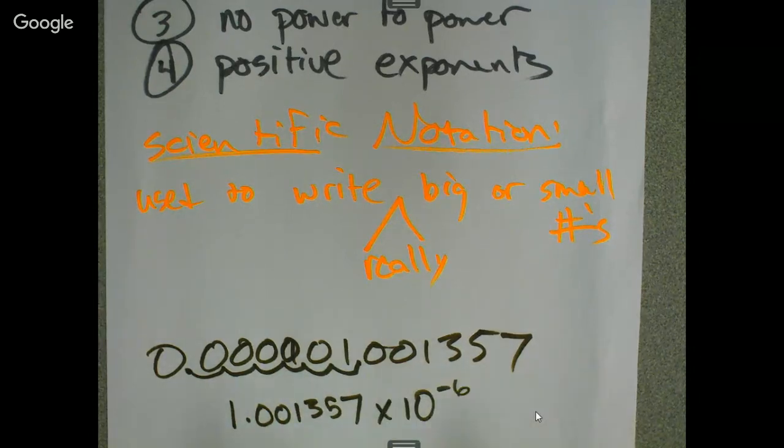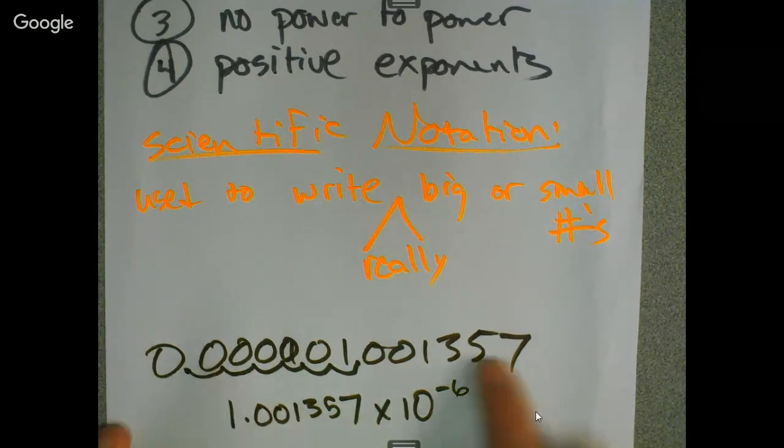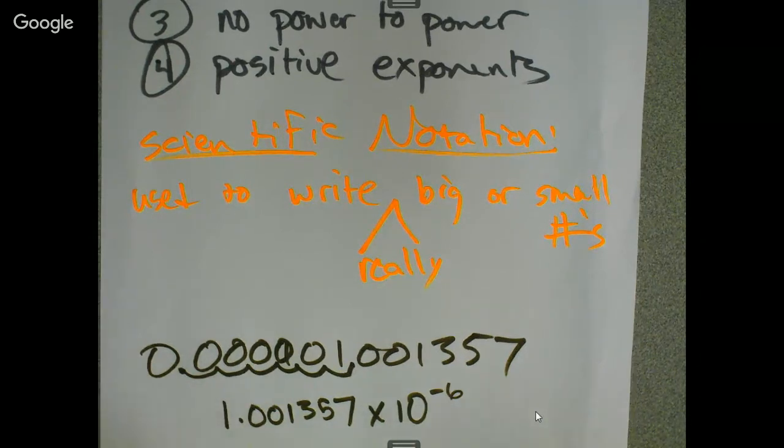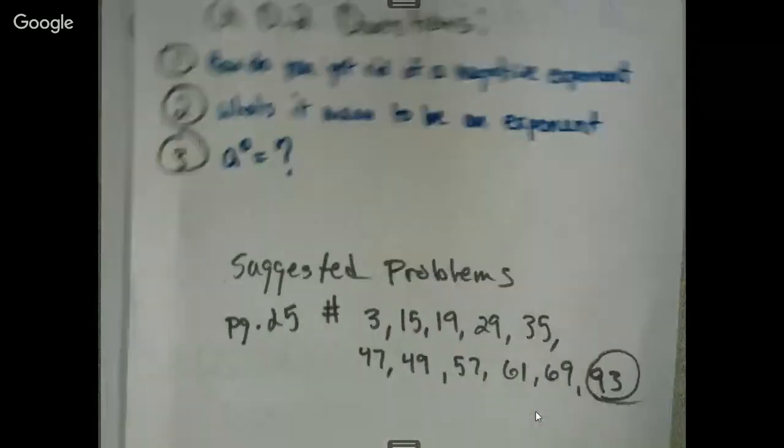A negative exponent represents a really small number. If this is a positive exponent, that means it was a really big number. A refresher on that; you should have had that already, but if not, we'll look at reviewing that.